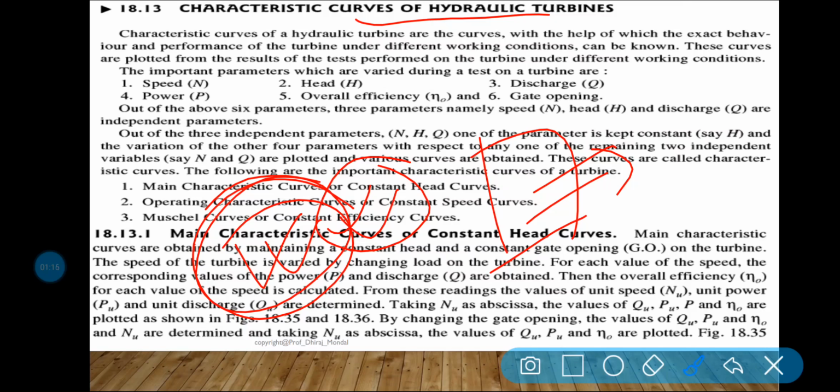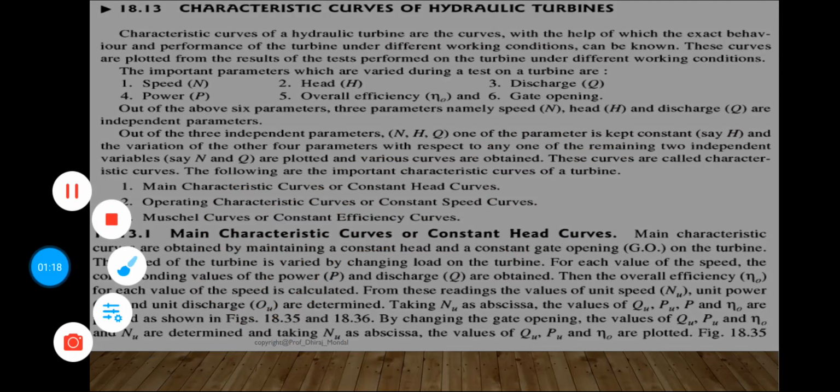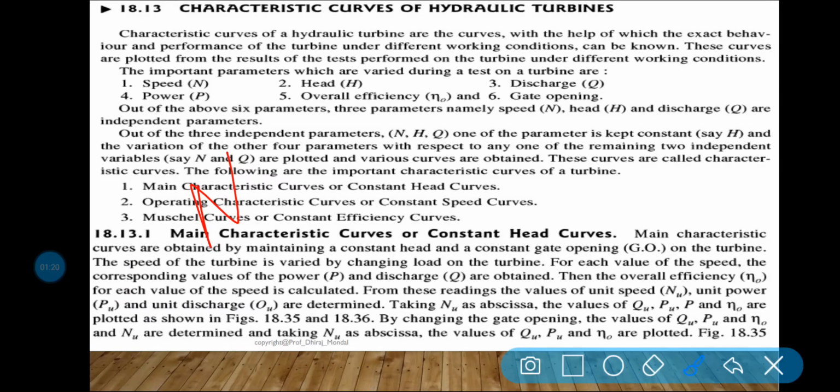Basically the main important parameters of the characteristic curve are speed, head, discharge that is Q, power, overall efficiency, and the gate opening. So these six are the main important parameters.